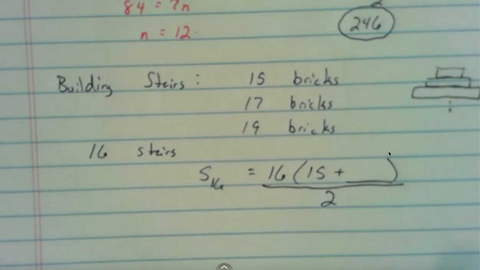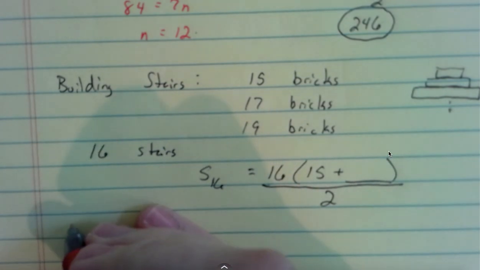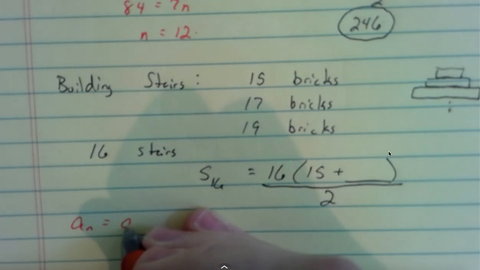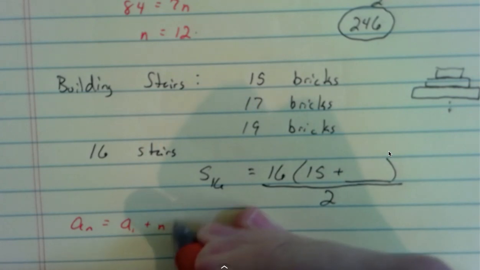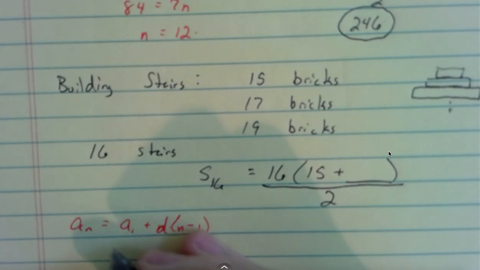So I need to figure out how many are going to be in that last row. I need to come up with an explicit formula for what's happening here. My explicit formula: a sub n equals a sub 1 plus d times n minus 1. Here, a sub 1 is 15.